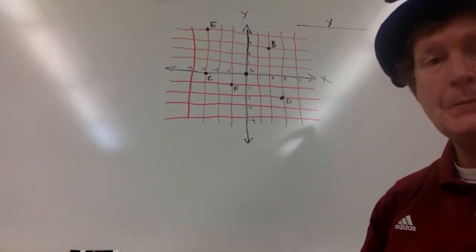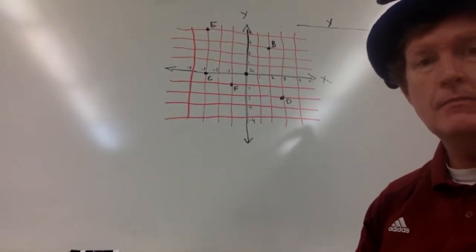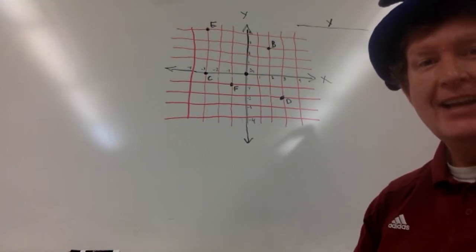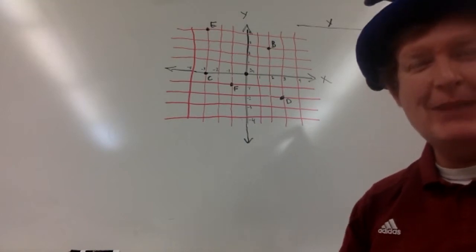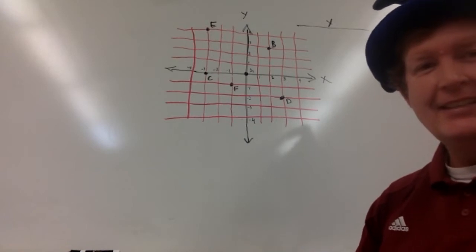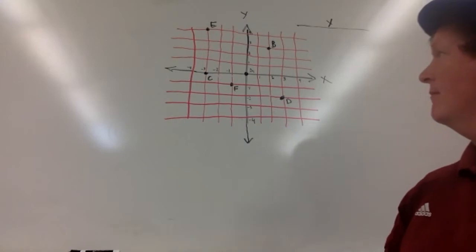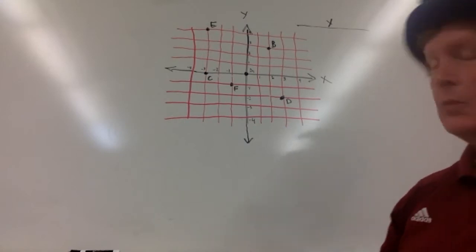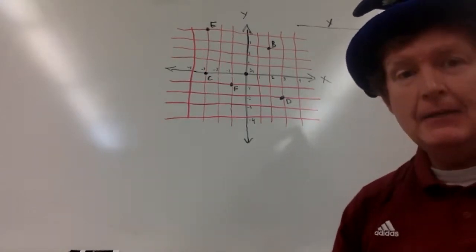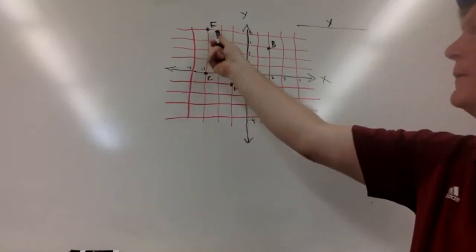Okay. D, Maddie. You said negative. Who's talking in the background? Ash, what'd you say for D? 3, -2. That's right. E, that's this one way up here.